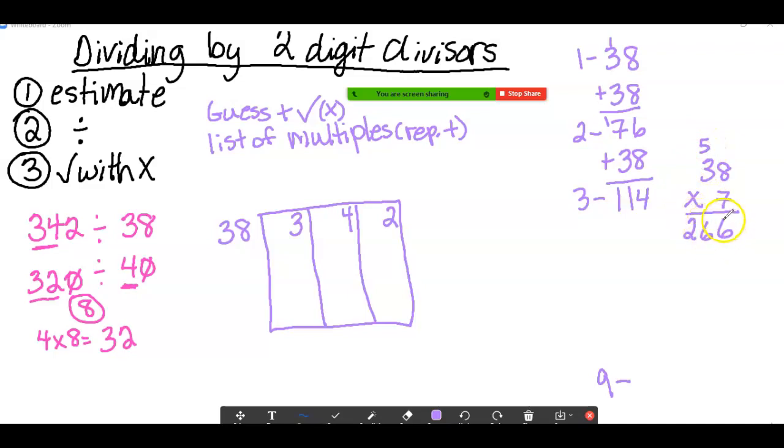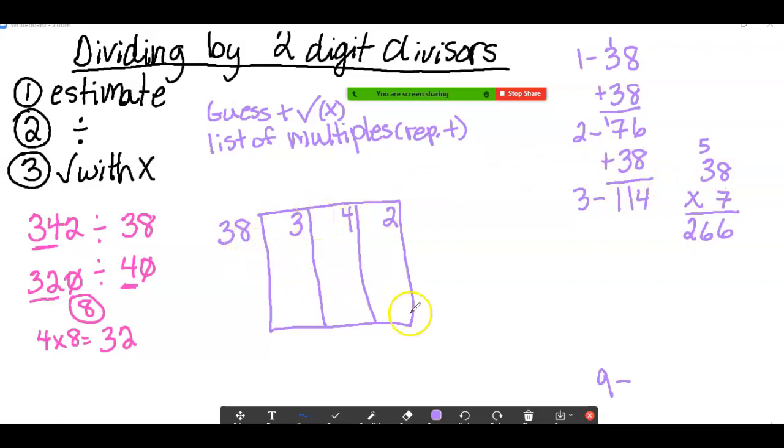And then I would adjust. So if 7 was too much, I would go back to 6 groups. If 7 was not enough, I would try 8 groups. So again, it's up to you whether you feel like doing repeated addition all the way down to 9, or whether you want to just guess and check with multiplication. Either one would work.